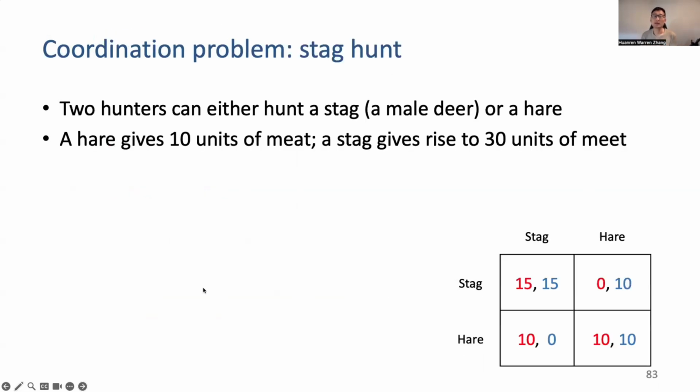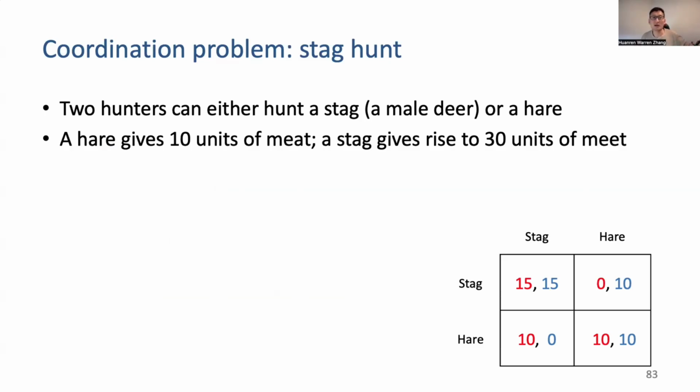Now the second example is called the stag hunt game. The original description of the stag hunt game was given by Jean-Jacques Rousseau, the French philosopher. He conceived a situation where two hunters can go out to hunt something.